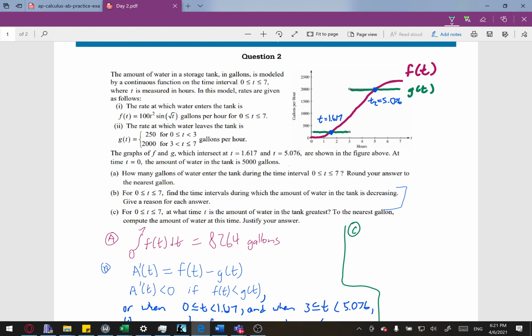The integral of f of t minus g of t dt. From what time to what time? What time do we start?